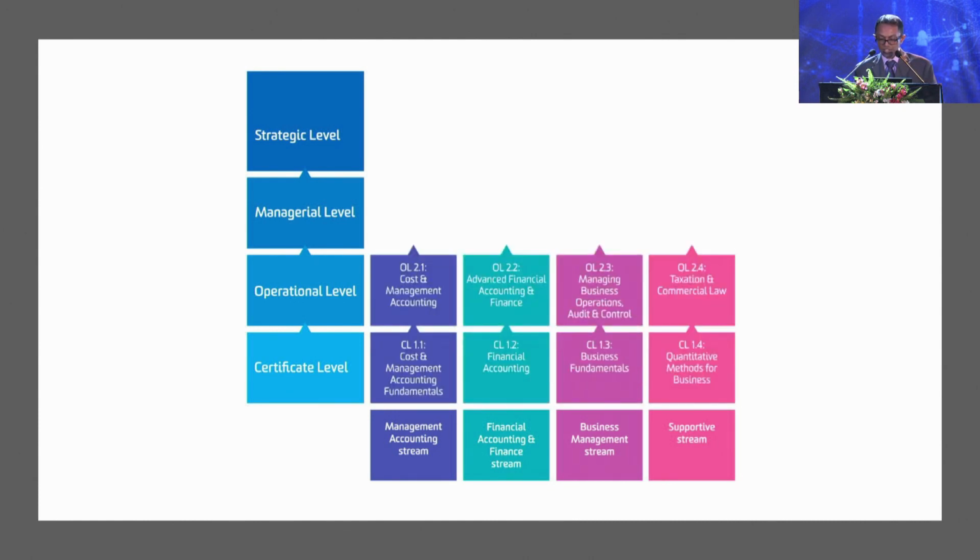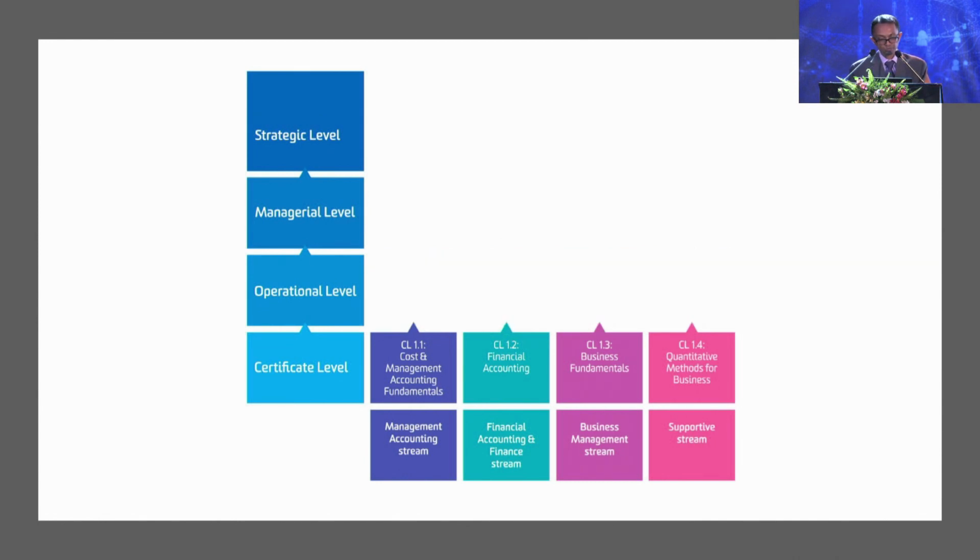In the second stage, there is cost and management accounting, then advanced financial accounting and finance, then managing business operations, a kind of catch-all basket to provide insights on different aspects such as human resources, marketing, operations management, together with audit and control. And then there is taxation and commercial law.